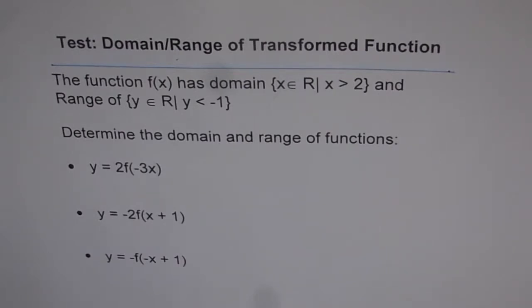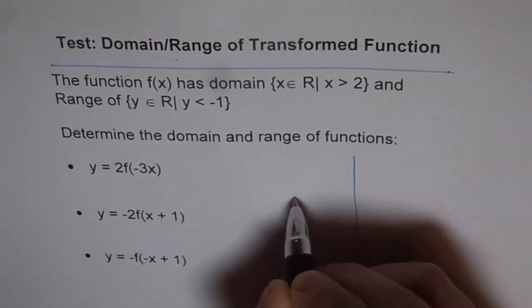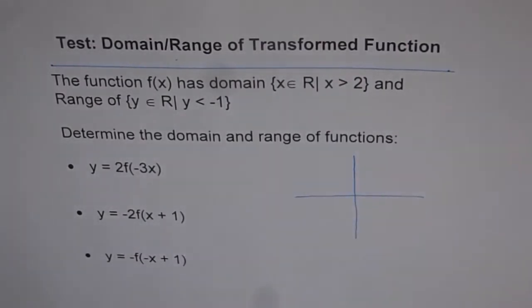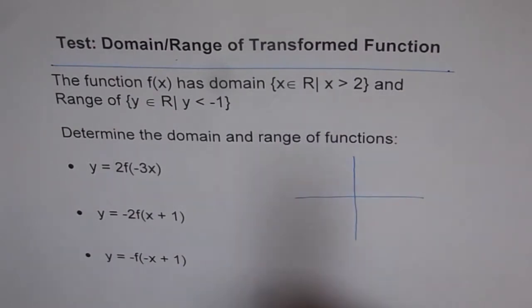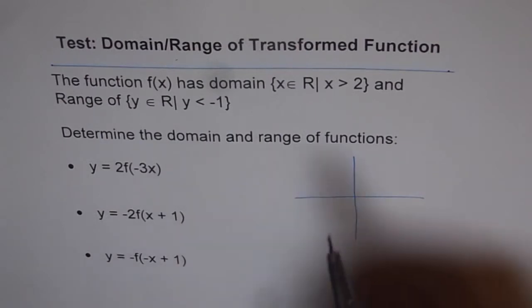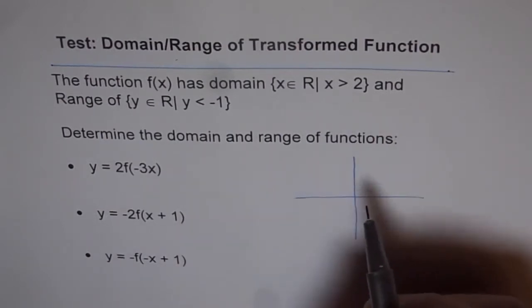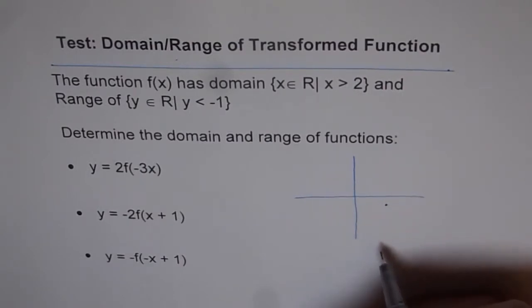In these problems, my suggestion is that you should sketch your function in the simplest possible manner, right? For example, when I approach this, I'll try to see what is given to me. f of x has a domain of x greater than 2, and range y less than -1. So my point of interest is (2, -1).